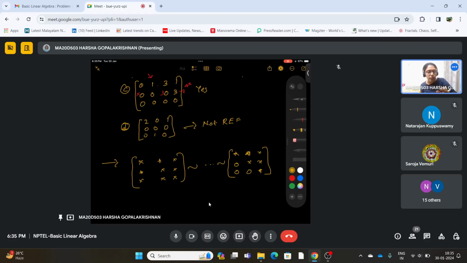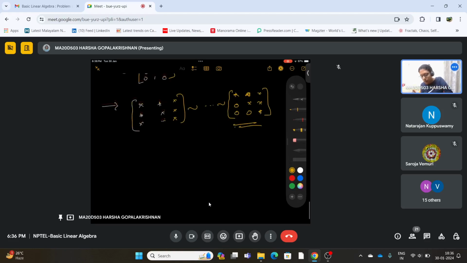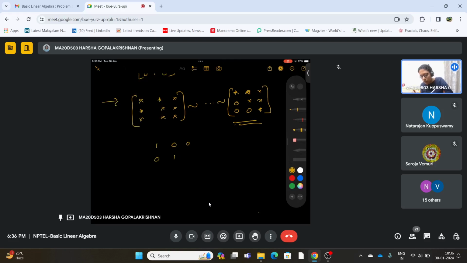Now, to solve the system of equations, the last one here is very easy to use. Suppose we have the matrix with rows 1 0 0, 0 1 2, 0 0 0, and x1, x2, x3 equal to some values.